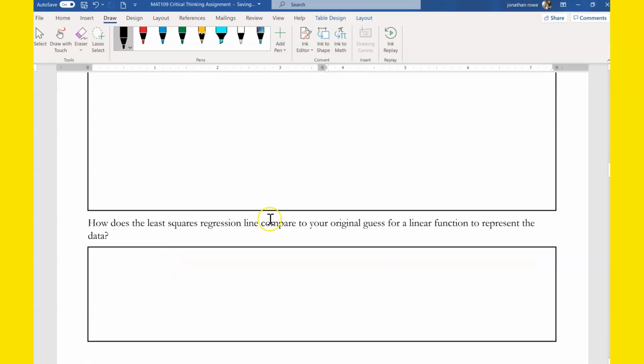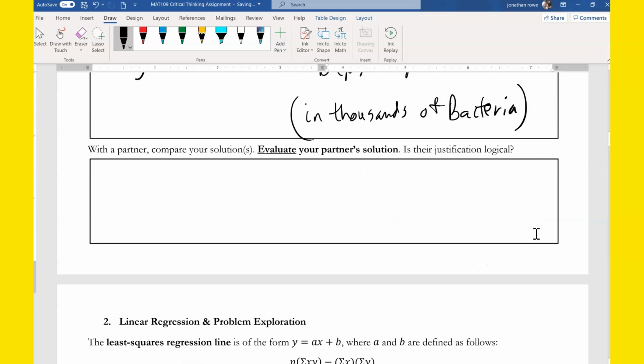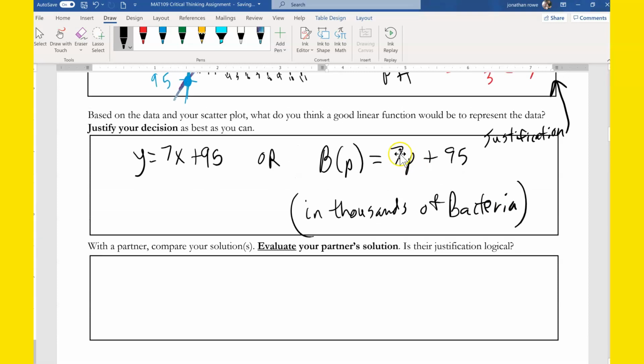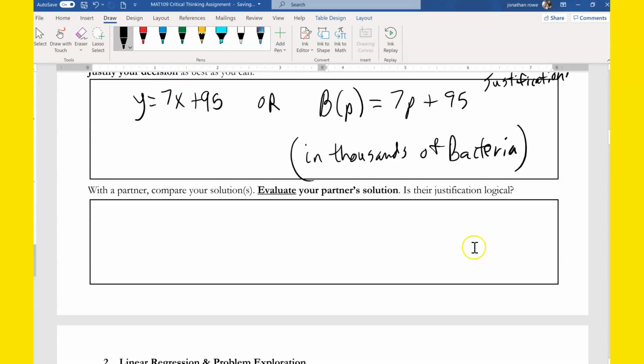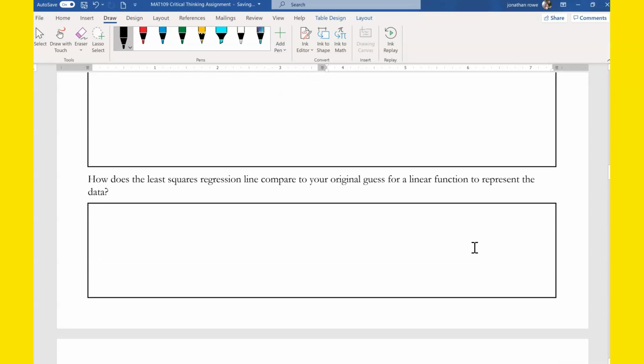How does the least squares regression line compare to your original guess for a linear function to represent the data? Well, to compare it to what I had, 6.36 means my slope was a little too steep, slightly too steep.